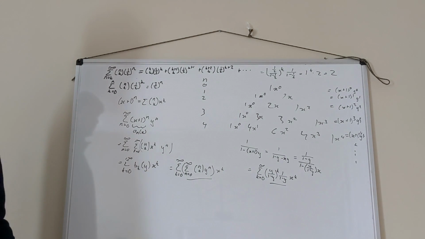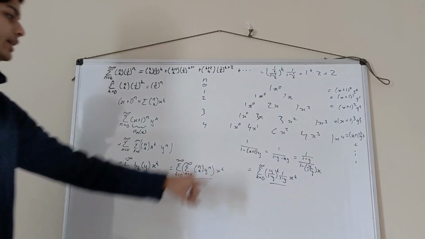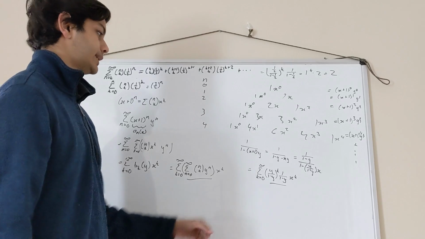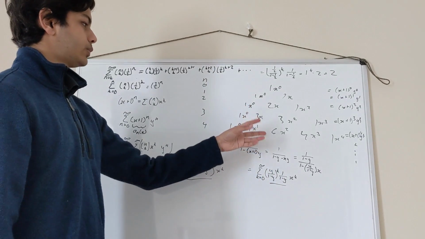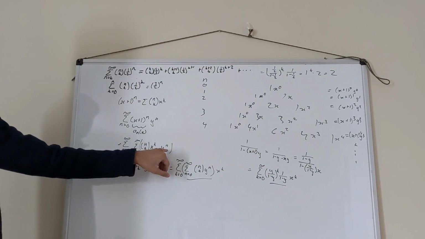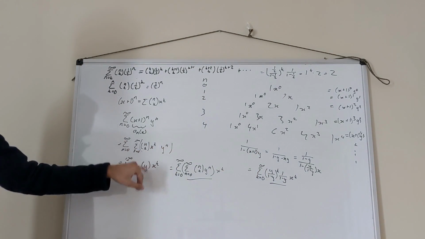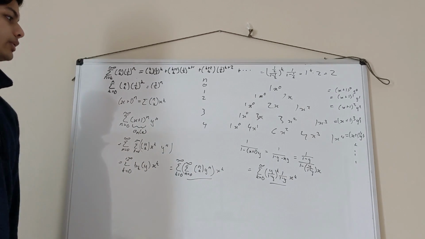So just to reiterate what we did, we were able to nicely compactify the entirety of Pascal's triangle, so all of the coefficients, in terms of this small, nice function, 1 over 1 minus (x plus 1) times y. And the way that this encodes Pascal's triangle is that the coefficient of x to the k times y to the power of n is n choose k, which is exactly an element in Pascal's triangle that we're looking for.